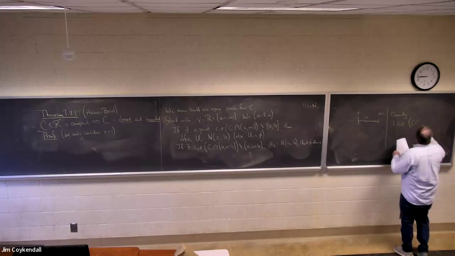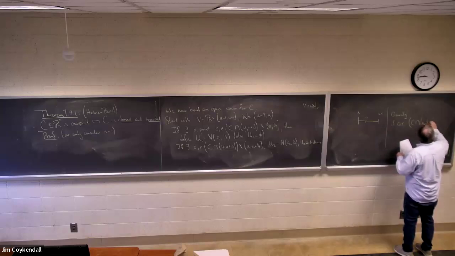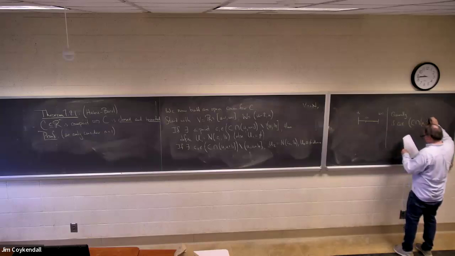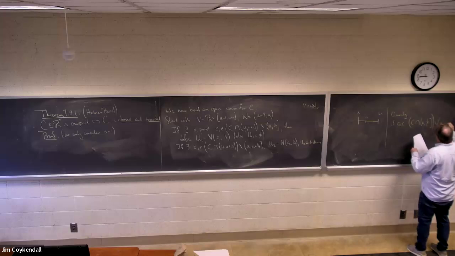this is in C intersect U plus 1/2 to the n minus 1, minus U plus 1/2 again.